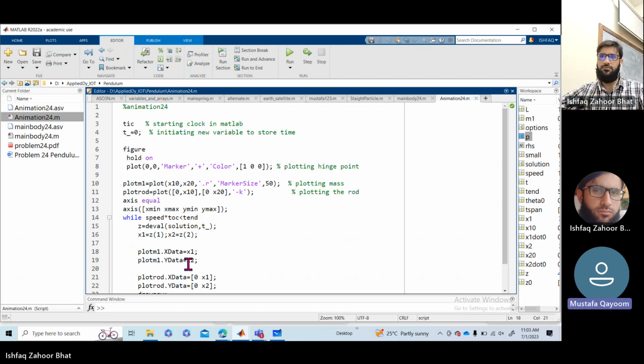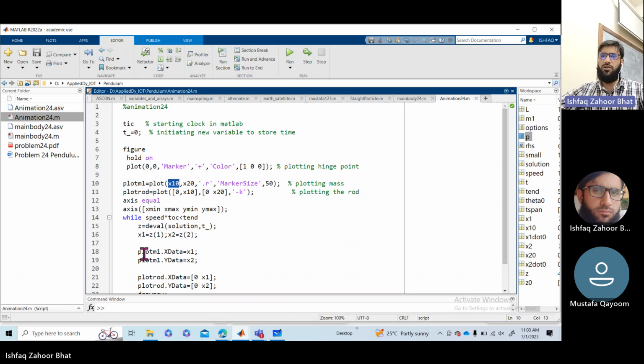So we need to plot the instantaneous x and y coordinates. I have named this plot plotM1. Now I am trying to update this x coordinate.